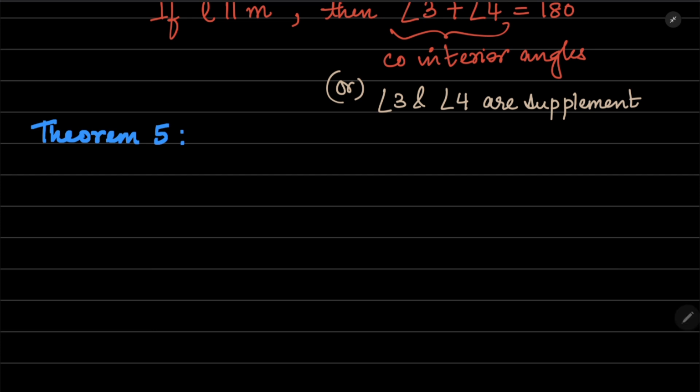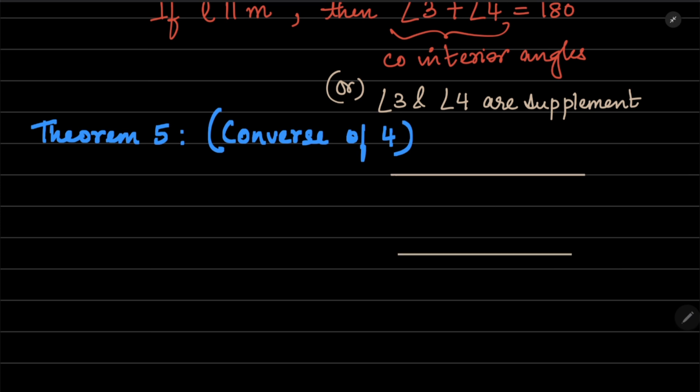Theorem 5 is just the converse of theorem 4. What does it state? Suppose you have, let me draw it again for you, two parallel lines and a transversal, and say this angle is 1, this is angle 2, and this angle is 3.